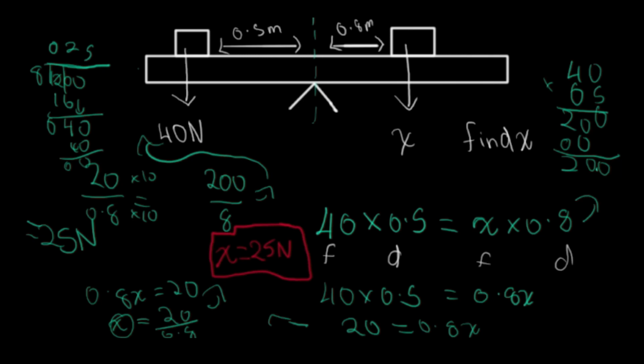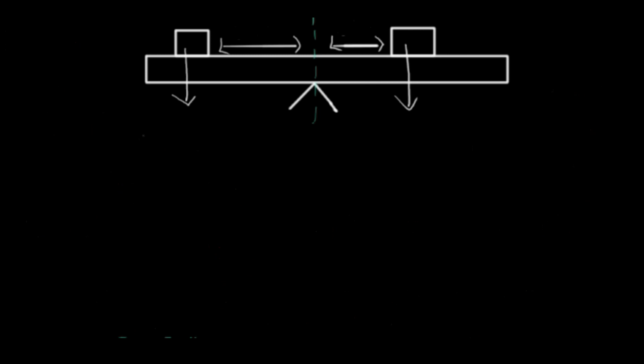Now let's move on to the second example. For this, let's say we have a force of 30 newtons at a distance of 1.8, another distance of 0.25 and 20 newtons.